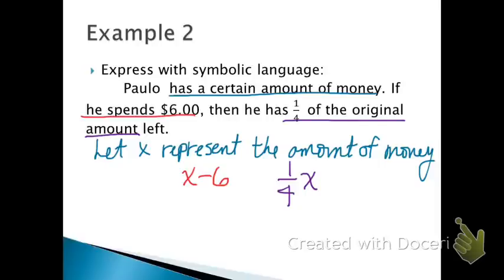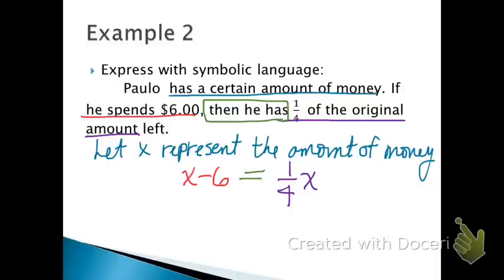Paulo has a certain amount of money, and we're calling that X. If he spends $6, then he has 1/4 of the original amount left. What you may have noticed is that "then he has" is kind of our equal sign right there. So he spends $6, that's X minus 6. Then that's equal to 1/4 of the original amount left.